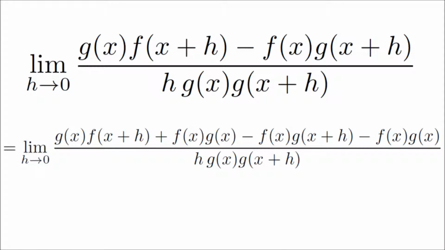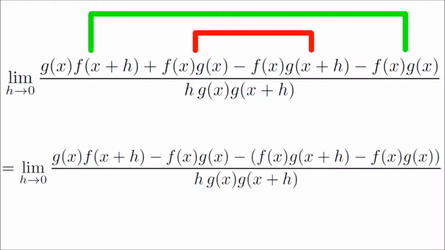We know that we want to separate the f's from the g's in the numerator, so what we can do is add and subtract the term f of x times g of x, since adding and subtracting the same quantity leaves the expression unchanged. Now the terms linked by the green line can be grouped together, and the terms linked by the red line can be grouped together.